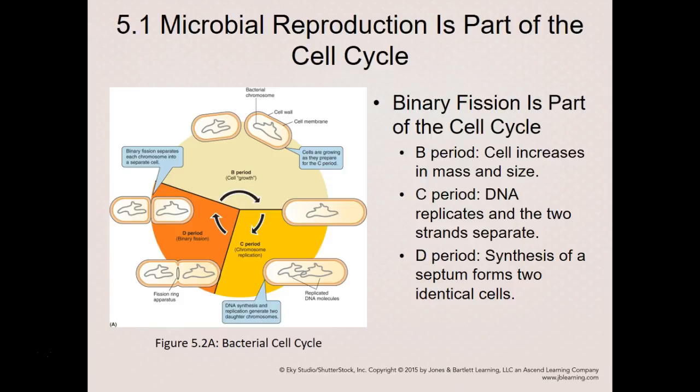Period C, where DNA replicates. So instead of calling it the S phase for synthesis, they call it chromosomal replication because bacteria tend to only have one single chromosome. And then we have period D, synthesis of the septum to form two identical cells.